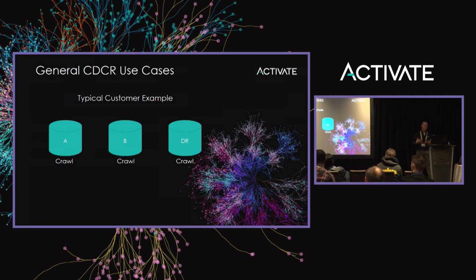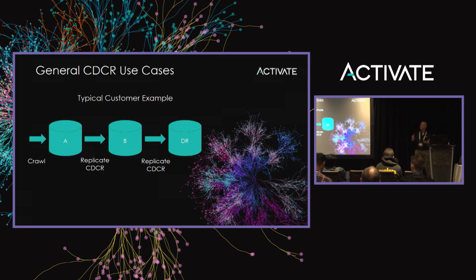So here's a use case. A typical customer example, and this is one that I worked with about a year ago. The customer had cluster A, they had cluster B, and they had cluster DR for disaster recovery. What they were doing was crawling all the data they wanted into A, and they had an exact replica crawl running into B, and a third replica crawl running into C. Well, of course, you're crawling all your data 3 times to get 3 copies of it, which both seems and actually is inefficient because you're pounding the servers that you're crawling to get your content.